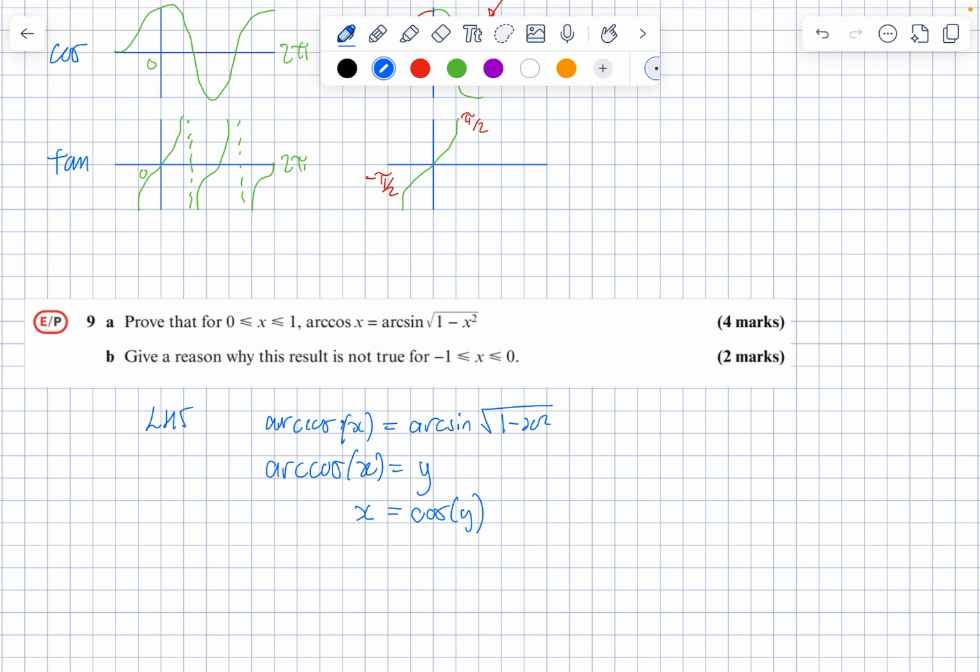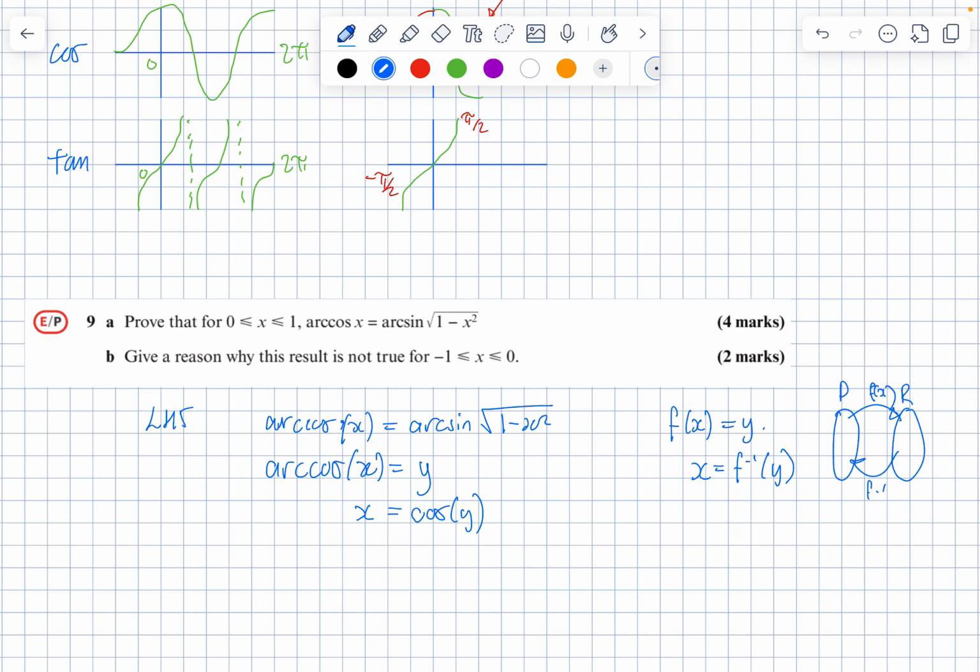Remember we said before that if f of x is equal to y, then x is equal to the inverse of y. All we're doing is swapping our domain and range. Okay, so now we've got that x is equal to cos y.